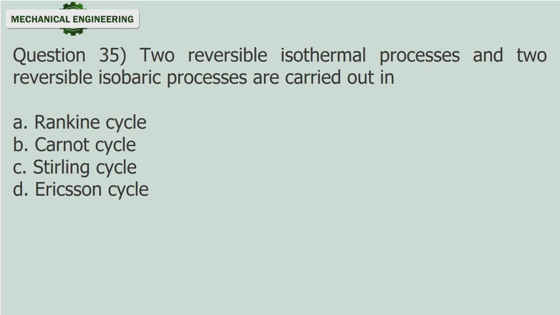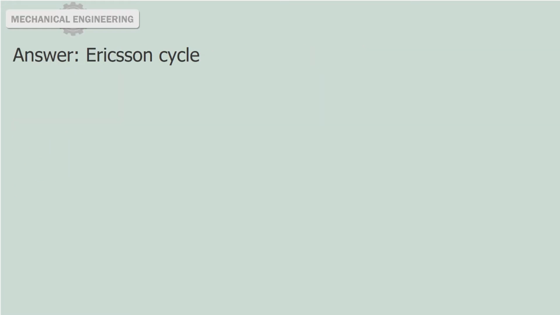Question 35. Two reversible isothermal processes and two reversible isobaric processes are carried out in A. Rankine cycle. B. Carnot cycle. C. Stirling cycle. D. Ericsson cycle. Answer: Ericsson cycle.